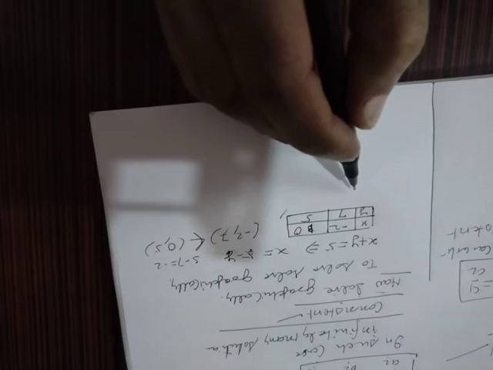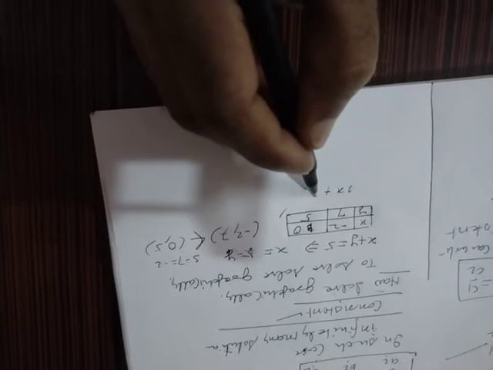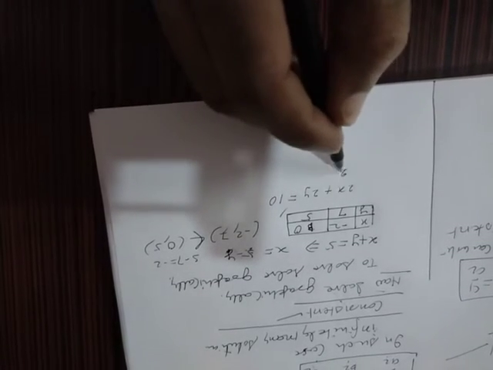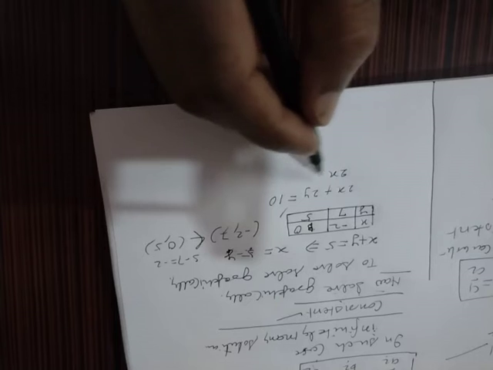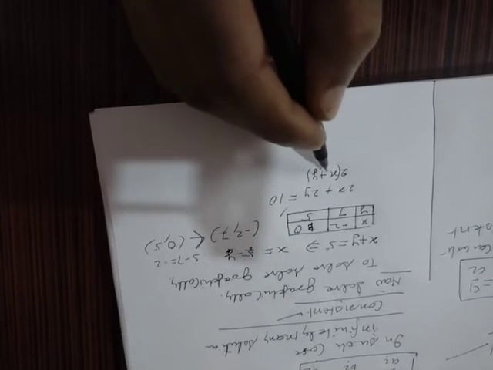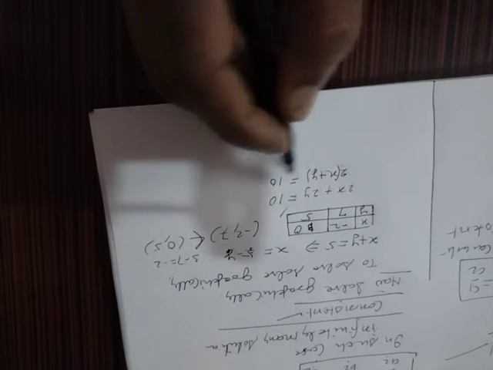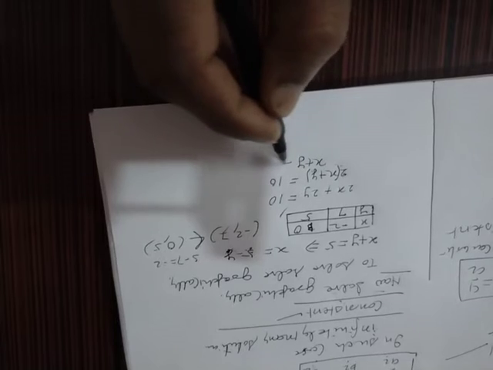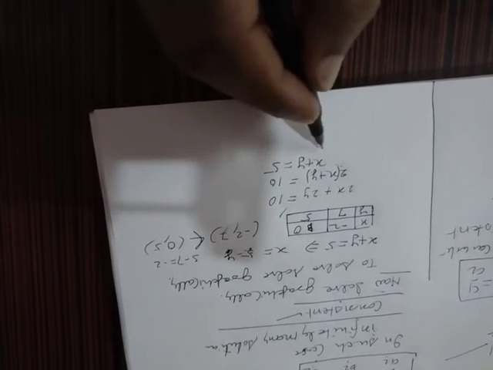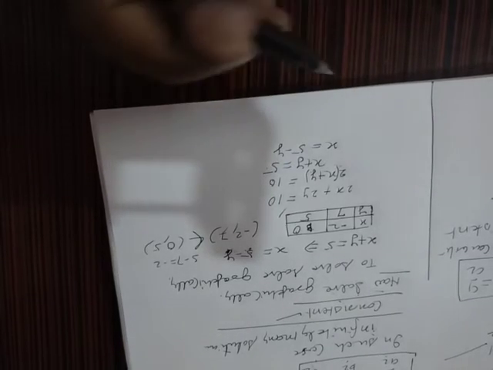Now for the second line, 2x plus 2y is equal to 10. Then 2 is common. Then 2 in bracket x plus y is equal to 10. Then x plus y is equal to 5, dividing 10 by 2. And you can write x is equal to 5 minus y like first.